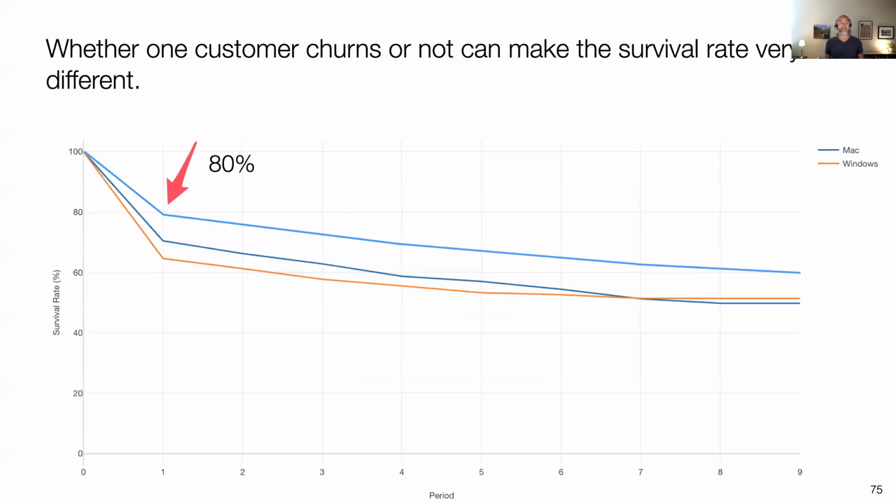So that makes the survival curve for the first month 80%. For the rest of the period, I just randomly connected the line, but focus on the first month. The first month is 80%. So the original Mac blue line becomes even higher, even better, right?